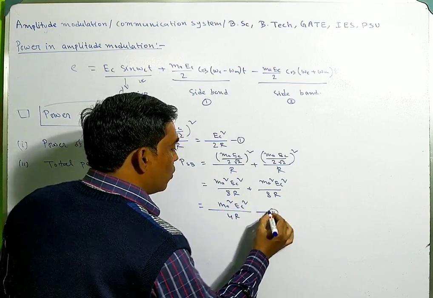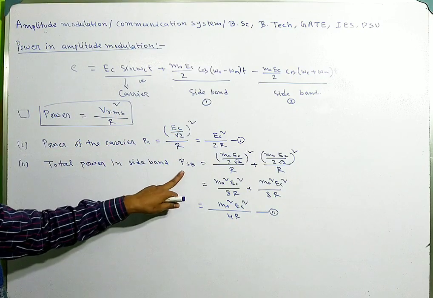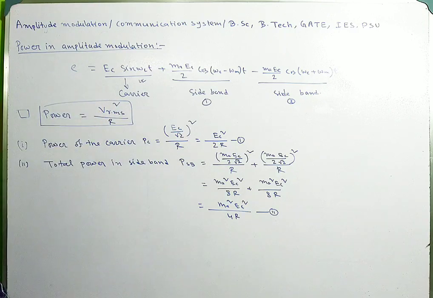This is the equation of the power of the sidebands in the amplitude modulated wave.